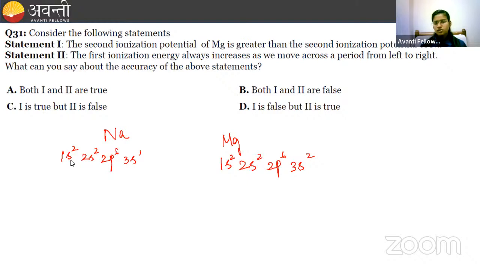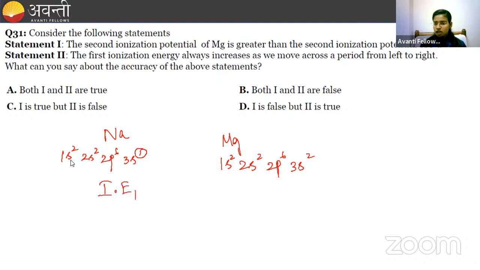Now, what is ionization potential? The energy required to remove the electron from the outermost shell is called ionization potential. If I remove the last electron, that is called the first ionization potential of that atom. Suppose I remove this 3s electron from sodium, I will call this ionization energy 1.